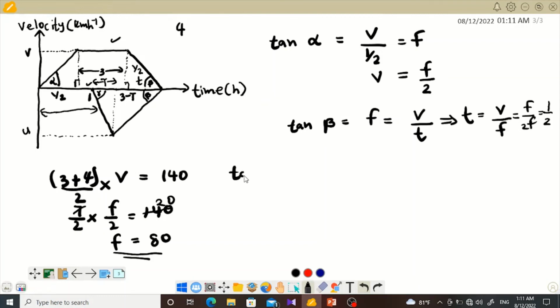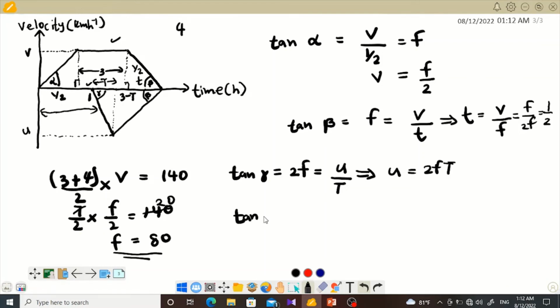Tan gamma equals, we know that the tan value equals the acceleration 2f, and I can write the tan value using the triangle, which equals u divided by T. Then I can get the value for u as 2f into capital T. Then I am using the other triangle, tan beta.